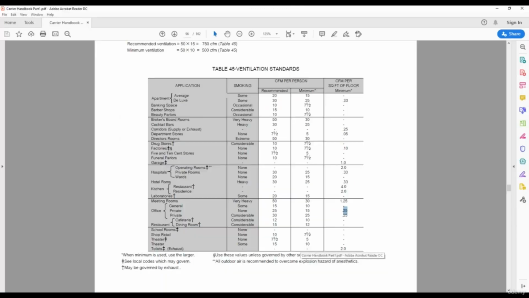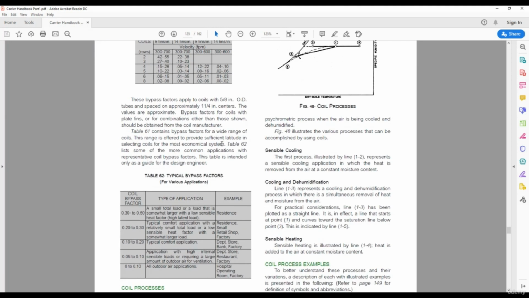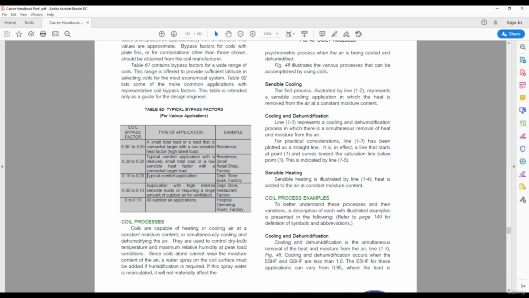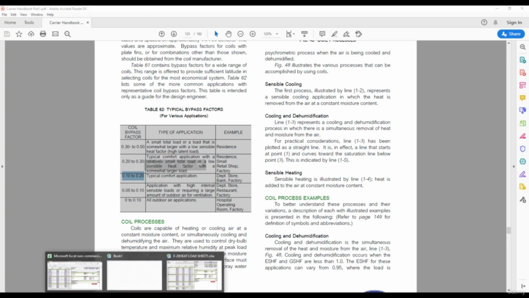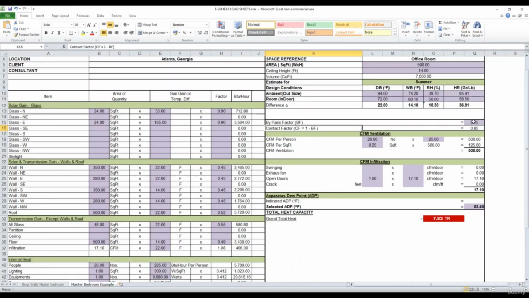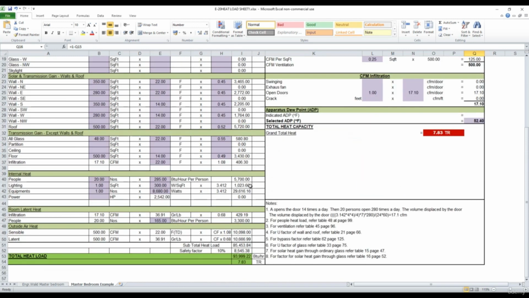To find out the bypass factor, we have to refer to table 62 of page 125 of the Carrier Handbook here. As you can see, for typical comfort application, the bypass factor is between 0.12 and 0.2. We are going to take an intermediate value which is 0.15. Hence, subtracting this value from 1, we find out the contact factor to be 0.85.